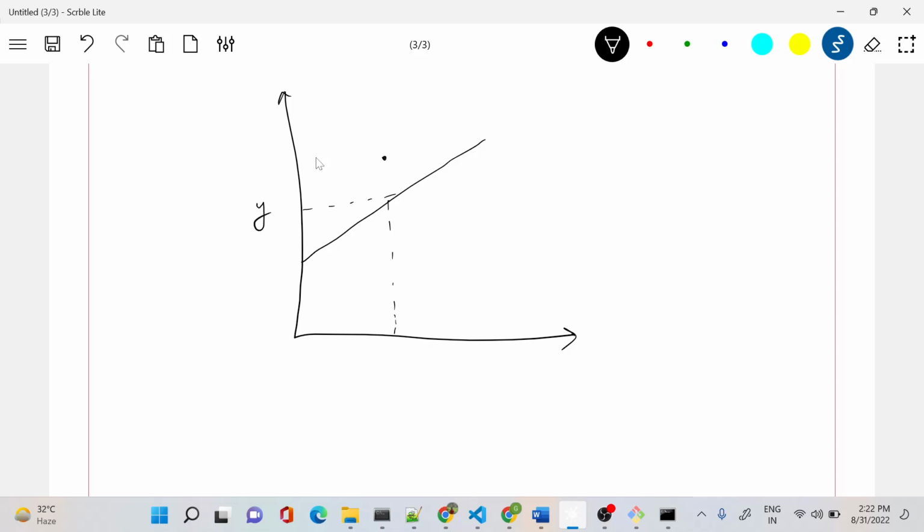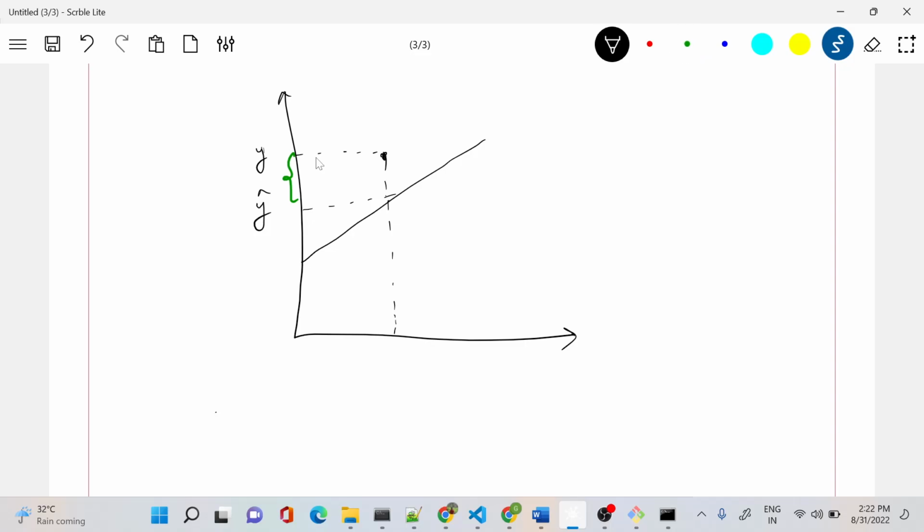Let's consider this as y hat, and this is our actual value, let's call this y. If we consider this error, we have this much error. This is the amount of error between the prediction and the actual result. Our prediction should be as close as possible to the actual result, but we got an error in the prediction.